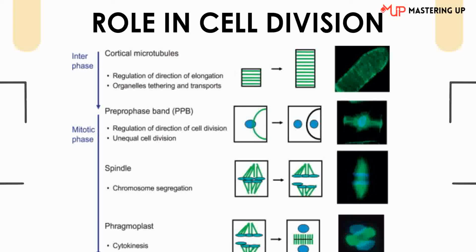The first component is interphase, in which cortical microtubules are involved. Cortical microtubules regulate the direction of cell elongation, as you can see in the diagram here, and here is a microscopic image.